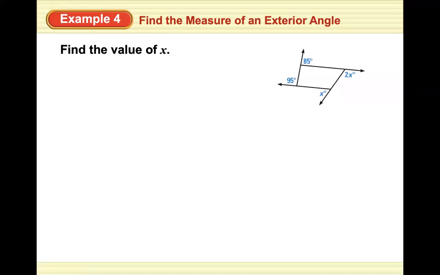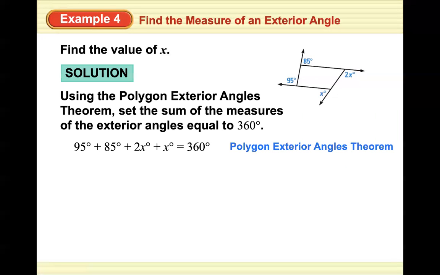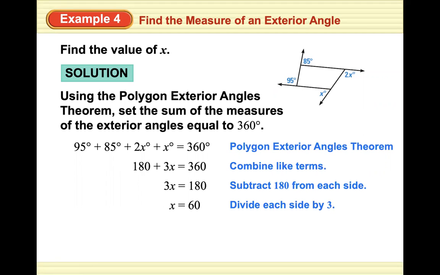So I'm going to add those four together, set the sum of the measures of the exterior angles equal to 360 degrees. And now I'm going to add what I can. So 95 and 85 is 180, and 2x plus 1x is 3x. And now I'm going to solve from here. Subtract 180, divide by 3, and I get x is 60. Now it's not my answer. I need to know what, oh wait, that is my answer.